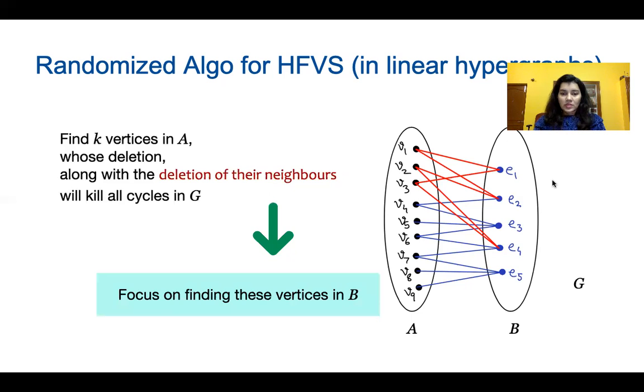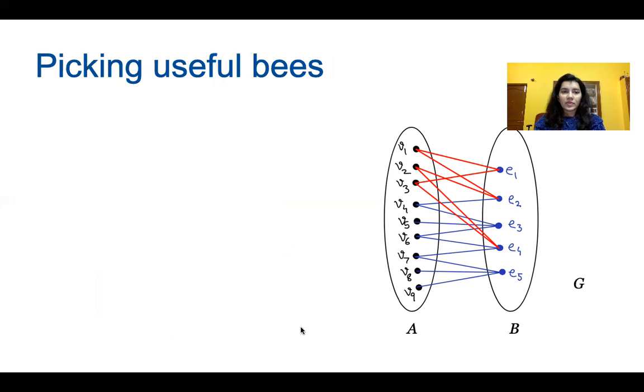So we focus on finding these vertices in B, which could be neighbors of some actual solution from A. We refer to these vertices as B's since they are from the partition B, to make it easier to remember which partition we are picking vertices from. So we're trying to pick some useful B's.